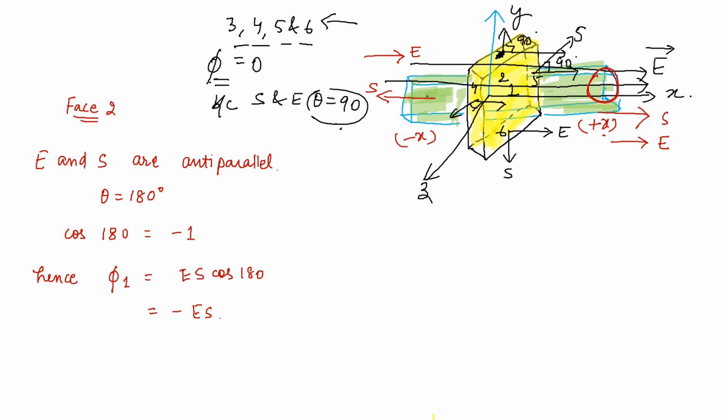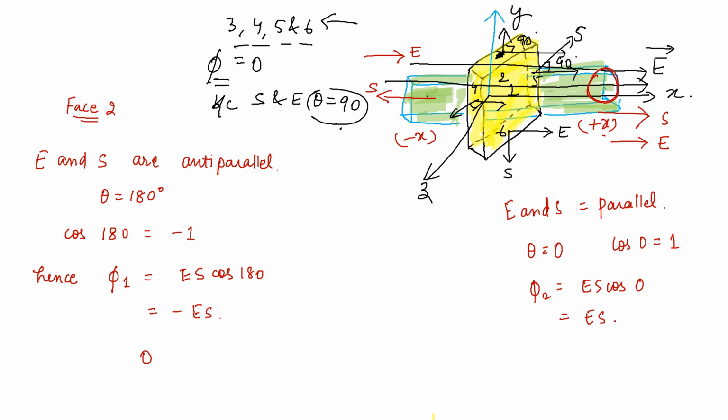So the flux will come around, E and S are parallel and theta equals 0, cos 0 equals 1, so flux 2 equals E S. Now the total flux equals flux 2 minus flux 1 in a way, and it will give us E S minus (minus E S), and we will have 2ES. So that is how we are getting 2ES.